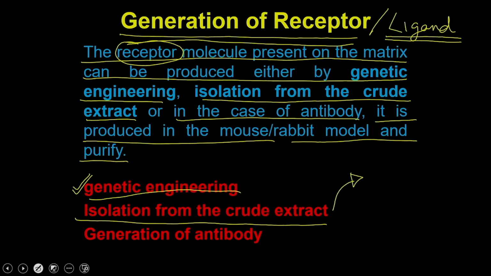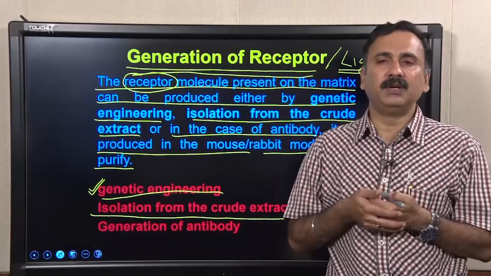That can be done simply by using conventional chromatography techniques like ion exchange chromatography, gel filtration chromatography, or hydrophobic interaction chromatography, or it can also be done with antibodies. Suppose I want to isolate the insulin receptor.